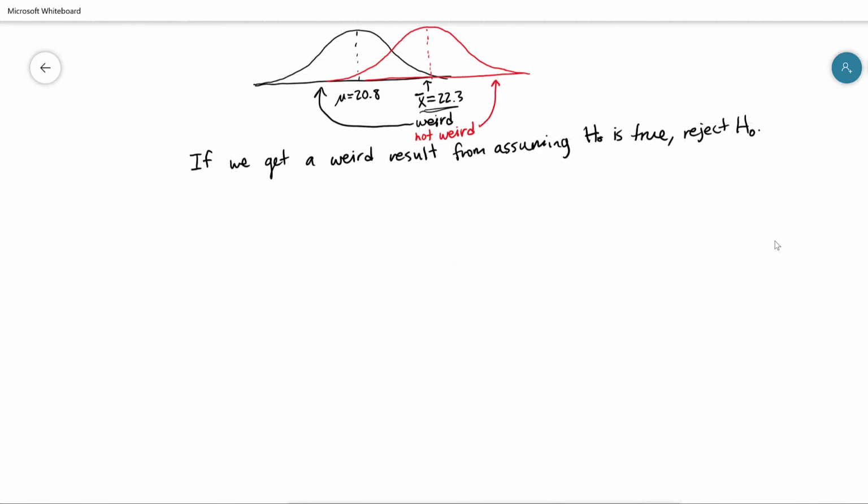If we did the p-value method, which is our second method, and this is a much more common method, it turns out.